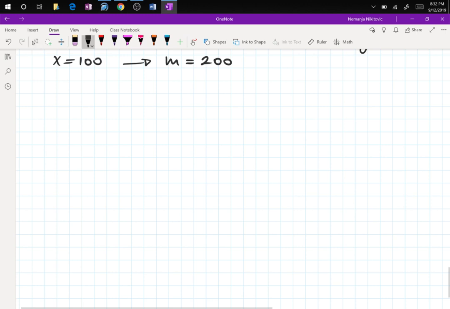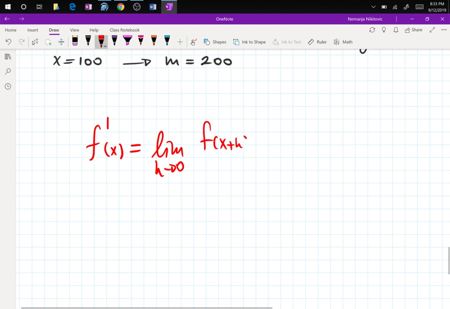So now I get to write this final formula using the notation for the derivative of the function. I'm going to say that the derivative of the function f of x, which is denoted as f prime of x, is given by the limit as h goes to 0 of f of x plus h minus f of x divided by h. That is the derivative.